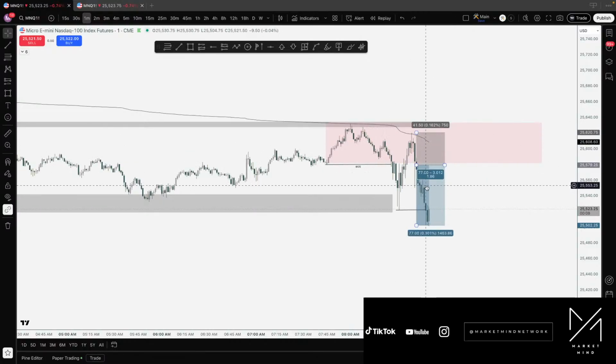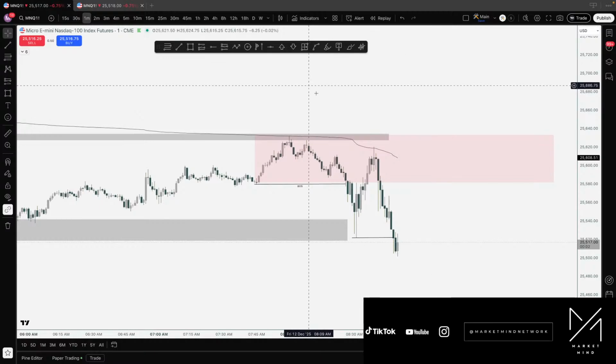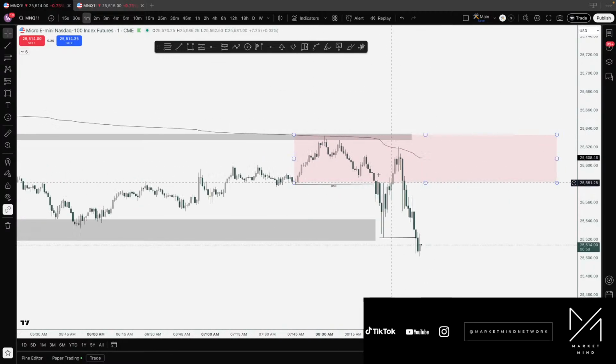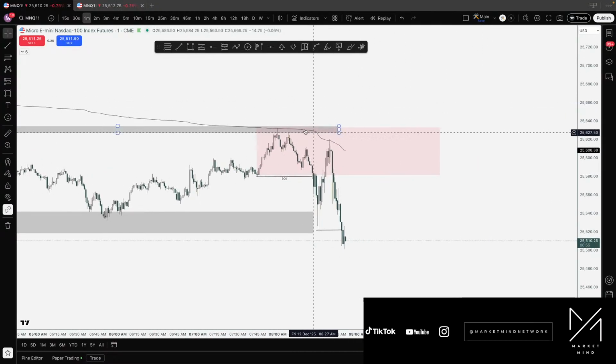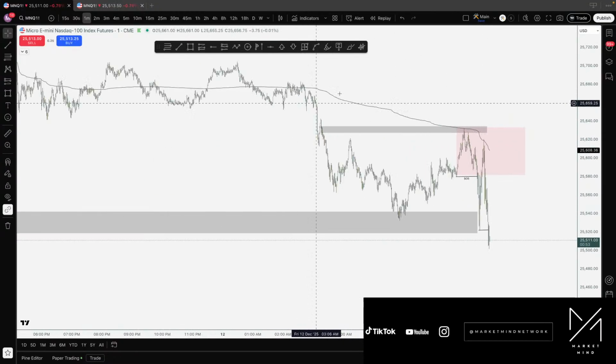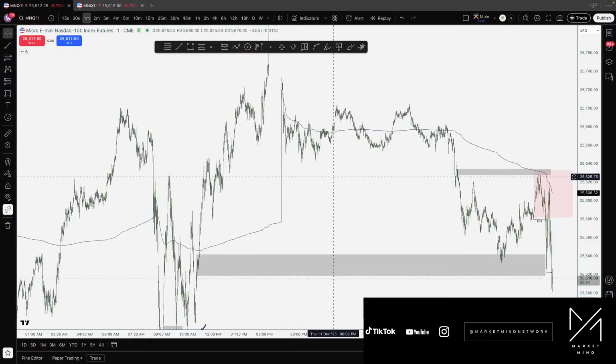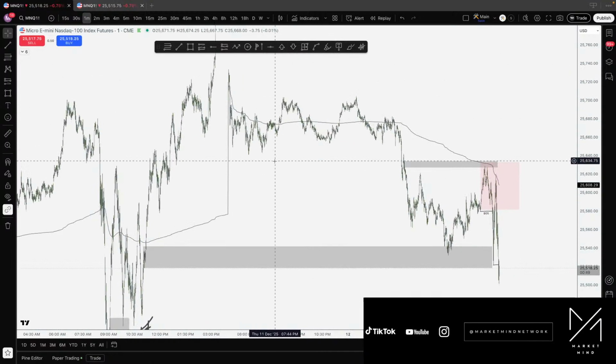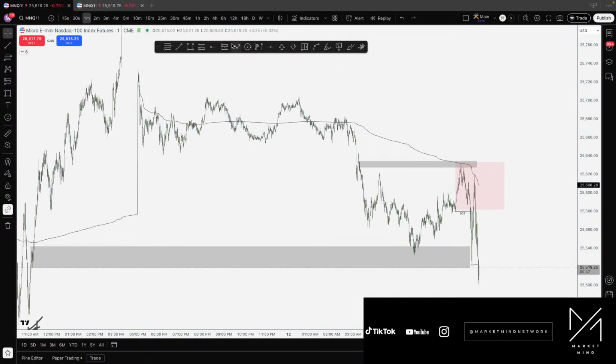But this is what I saw. I saw a break of structure. I saw the New York Open, so this is where the New York Open 8:30. Price has been on a downtrend.